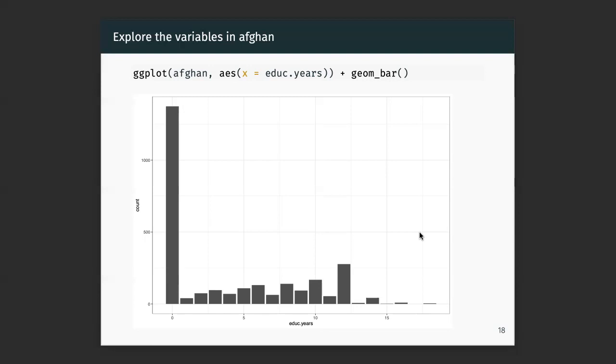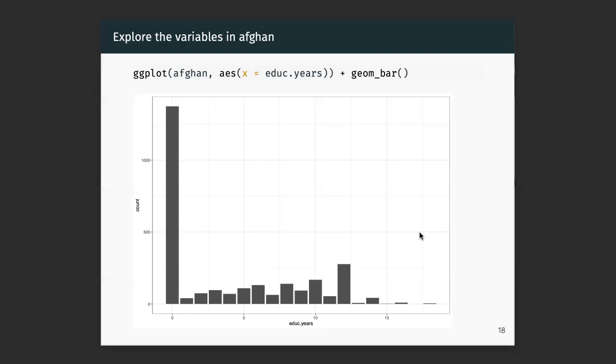What do we see? There's not a lot of variation. An overwhelming majority of the sample, well, yeah. We're at like 1,700 or so respondents who report having no years of formal education, never having been to school, right?